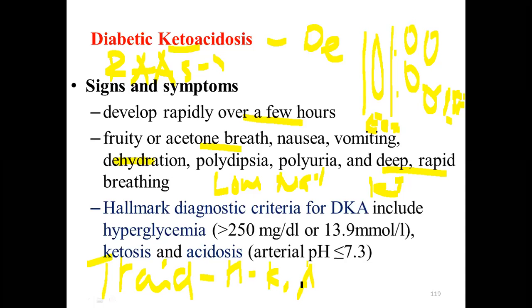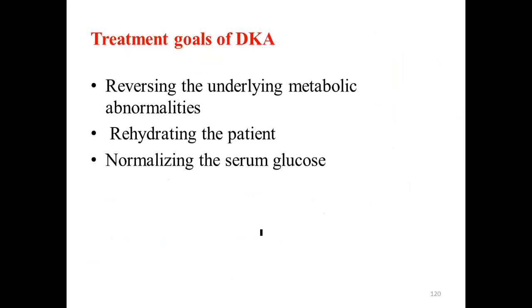When a patient is having those conditions at once, we can say the patient is having diabetic ketoacidosis. The sugar level should be above 250, the ketone bodies in the serum high, and the pH less than 7.3.